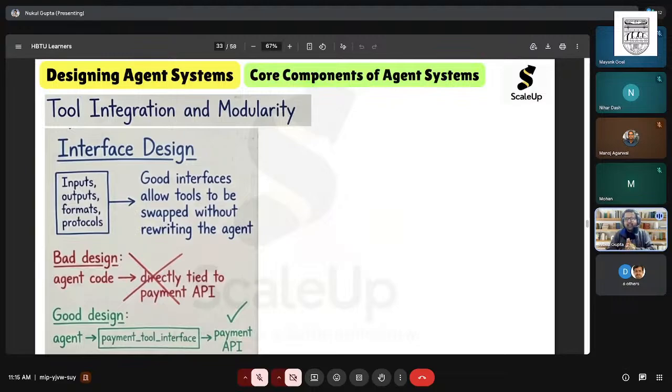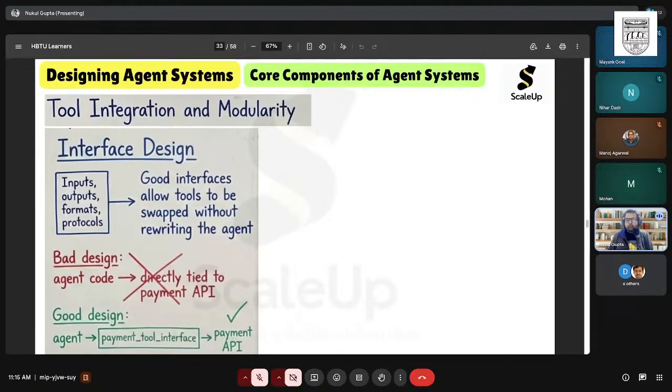Whenever you are building an agentic AI application, it is advisable to use a standard framework. LangChain is a very popular framework, and in that, everything is there. Plugging in a tool is plug and play architecture because the framework takes care of this design pattern. So that is the thing we will achieve.